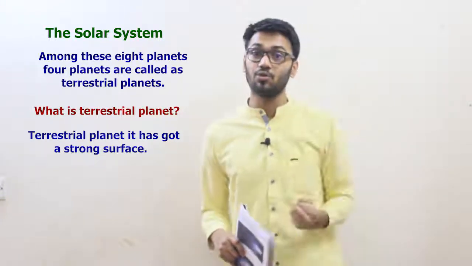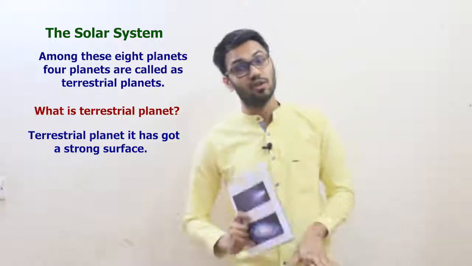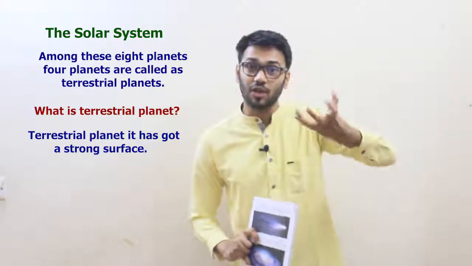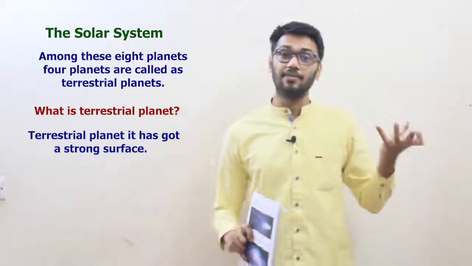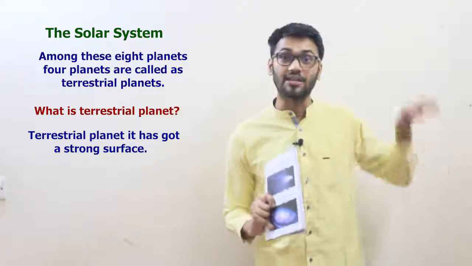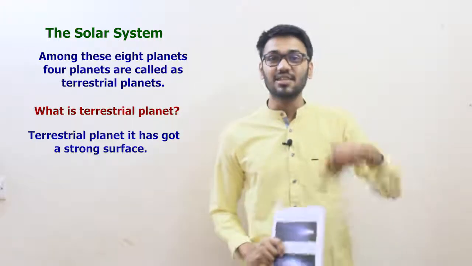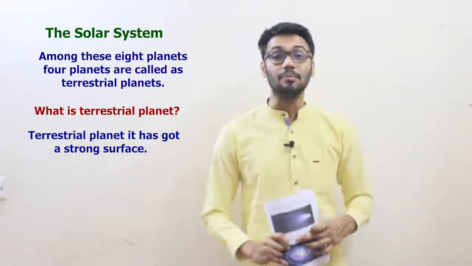Like the soil we have, we're standing on soil, right? The planets that have soil and mud and stones, like the hills we have, are known as terrestrial planets.